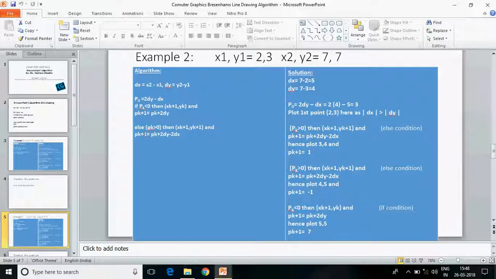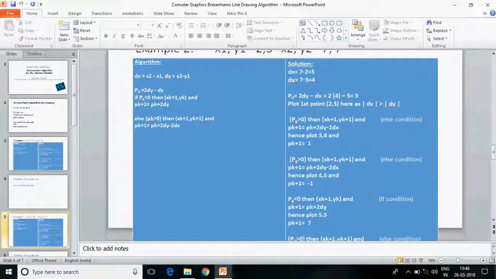And we use this equation to calculate the pk. The decision parameter results in minus 1, which is less than 0, so we go to the if condition. Here in the if condition, only x increments, y does not increment.